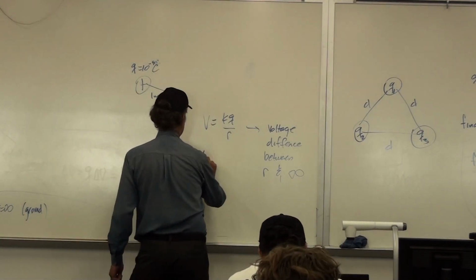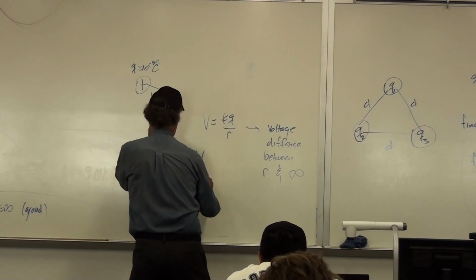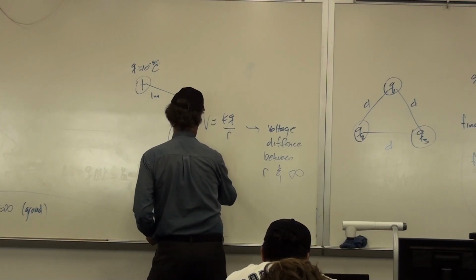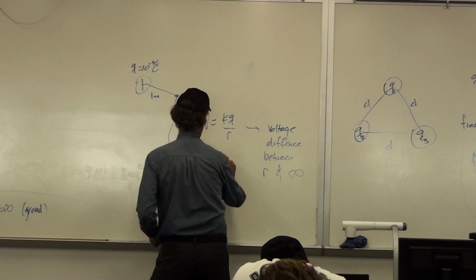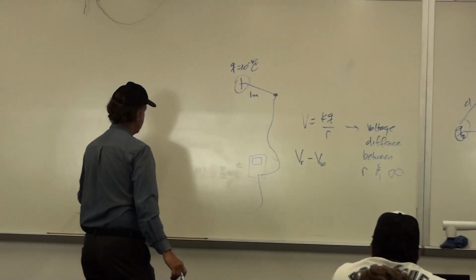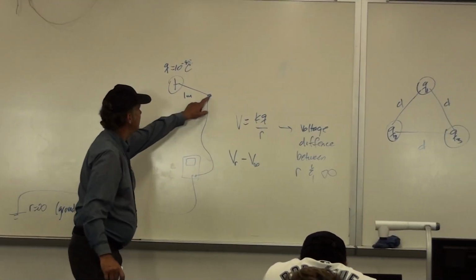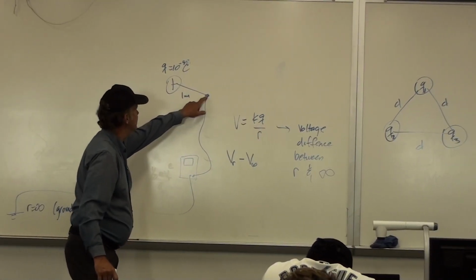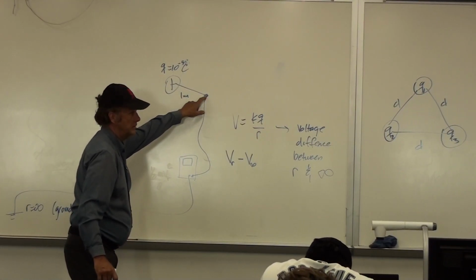So this is really V(R) minus V infinity. That's the voltage increase in bringing an object from 0 volts to this value.